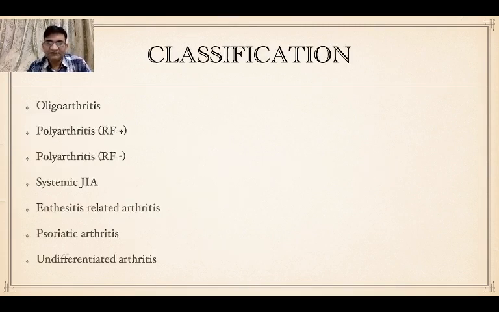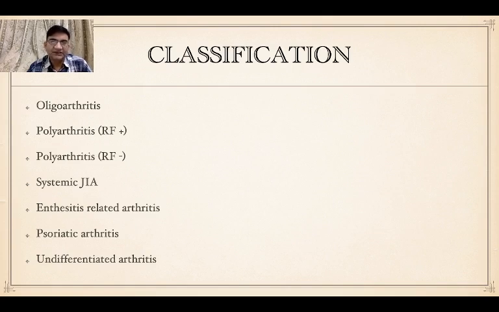Now coming to classification of juvenile idiopathic arthritis. This looks somewhat complex, but actually it is not. Essentially, this classification is based on the ILAR system, or International League Against Rheumatism, ILAR classification system.